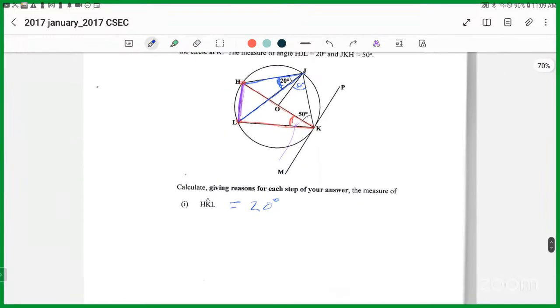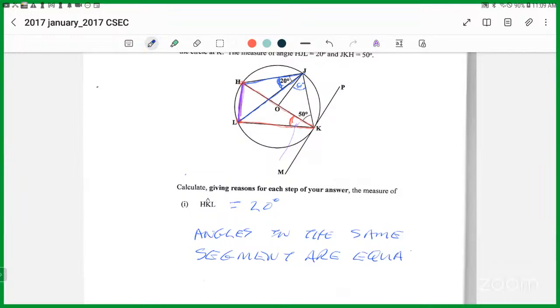Angles in the same segment are equal, and that's when they're subtended by the same arc or by the same chord. If you want to write that as well, fine. But I think if you write this, that will be sufficient.